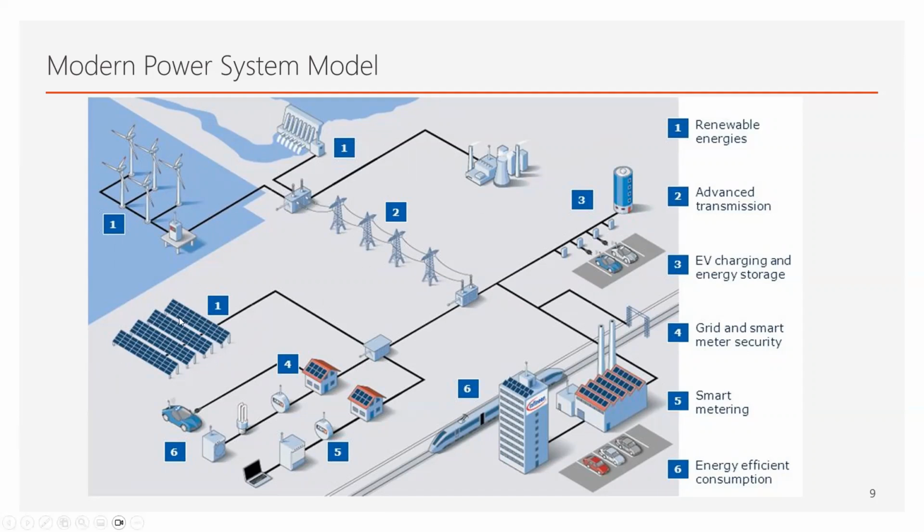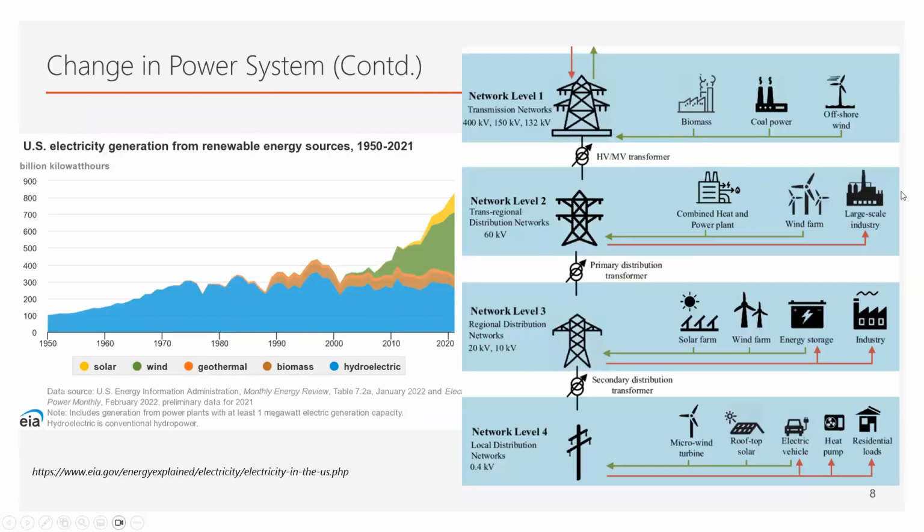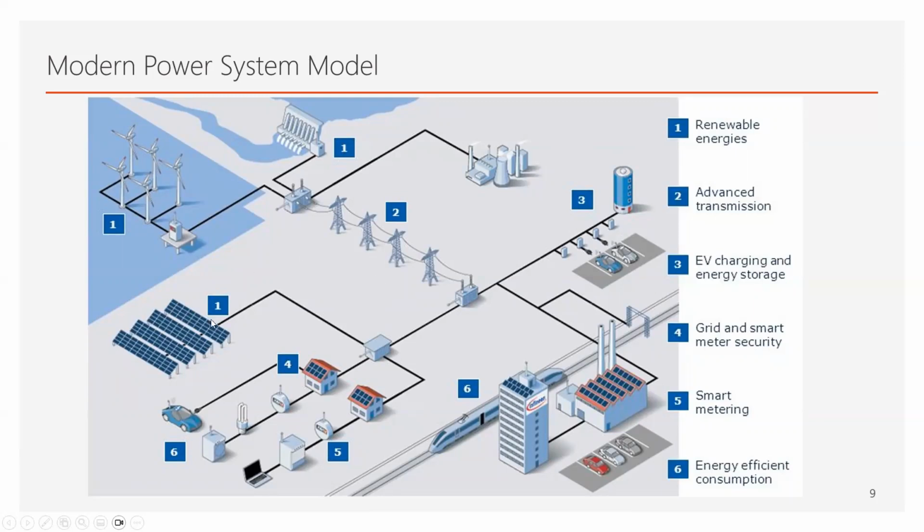We also have solar panels as a secondary source. As I've mentioned, if you look back to this one, we have solar farms in level 3. So this is level 3. This is not part of this residential area. This is quite far. From here, it goes to this distribution substation.